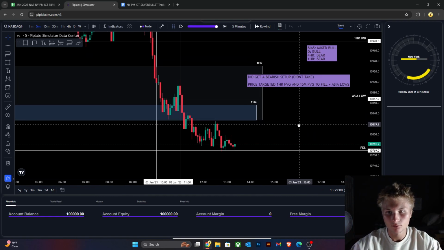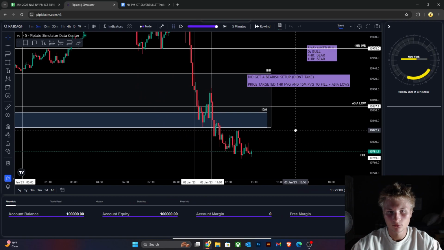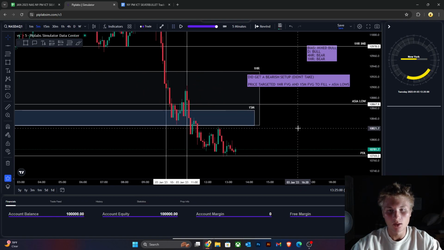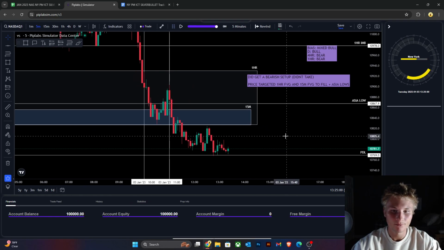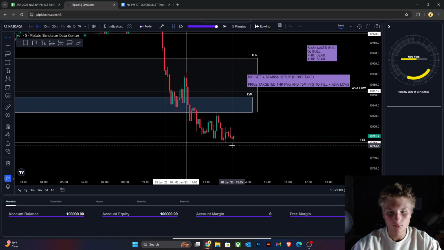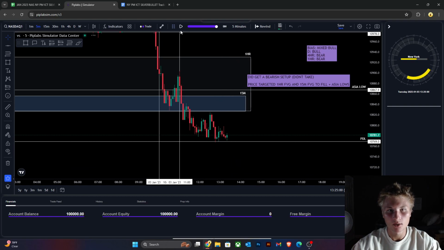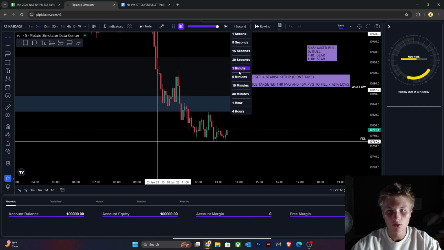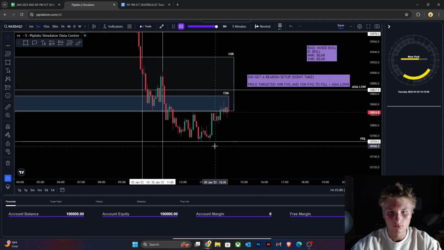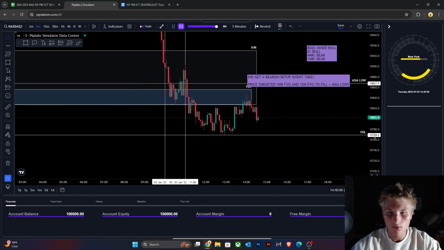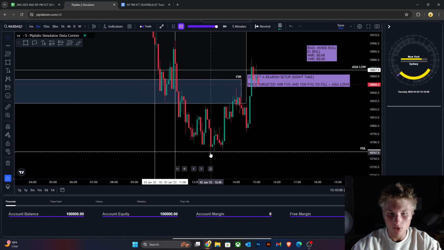And yeah, that was actually pretty nice watching price reach for these lows right here. I'm still predicting that price will want to run these lows a little bit more though. Or maybe not. I mean, we did run the lows here.